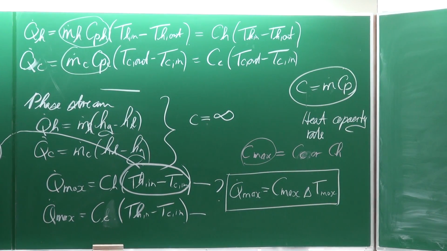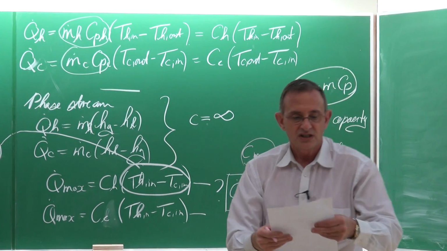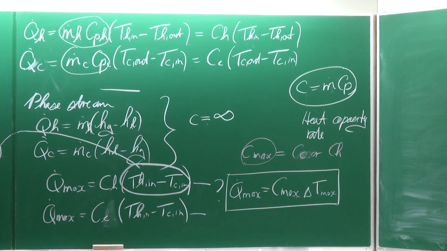Okay. Now in your textbook, we have previously done the derivation of the LMTD, how the streams change, etc. We're not going to go through all the detail again. Let me just see if I can get this to work. Okay, so there's the mathematics.